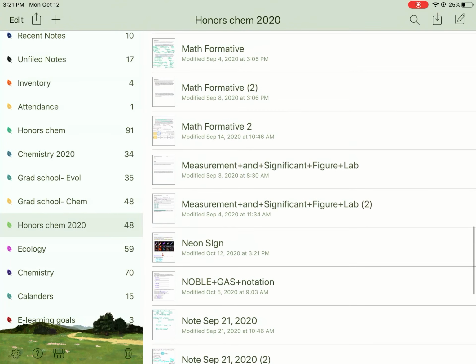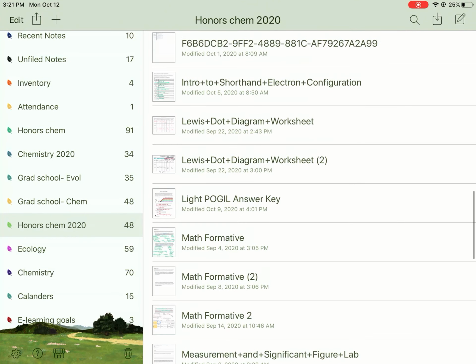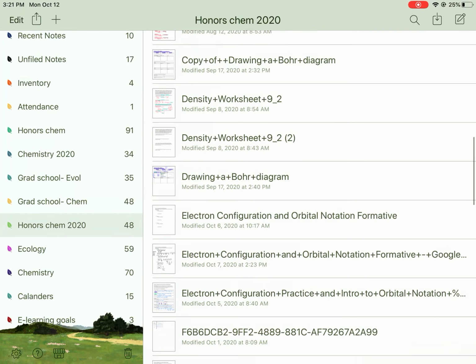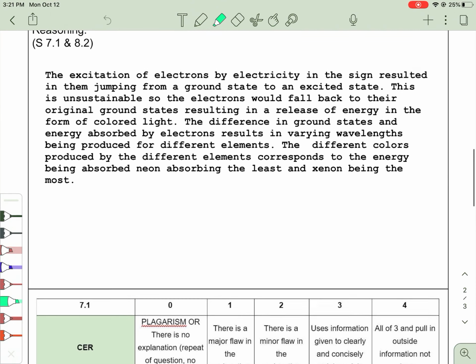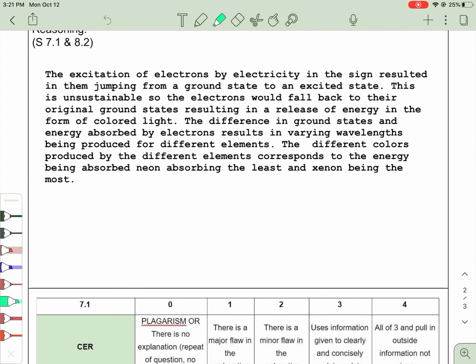So you did get some points if you said something like that, but you didn't get all of the points. What I was specifically looking for is something along these lines, and I didn't put the wavelength energy in, because most of us did that. This is the main part that you needed in order to show me that you understand the reasoning of why there are different colors being given off.